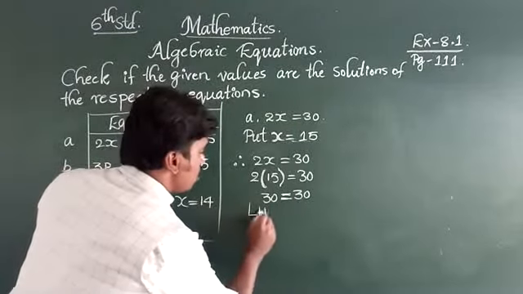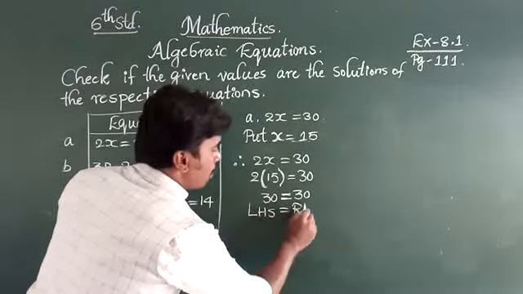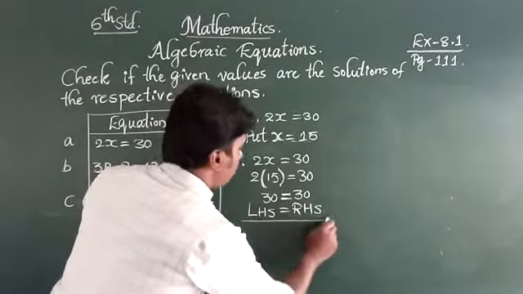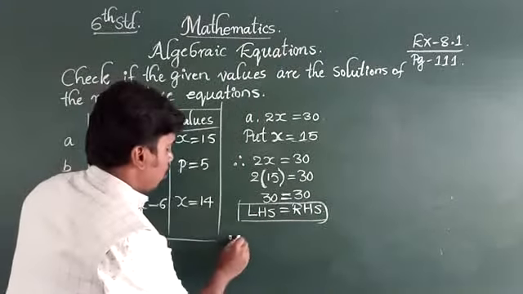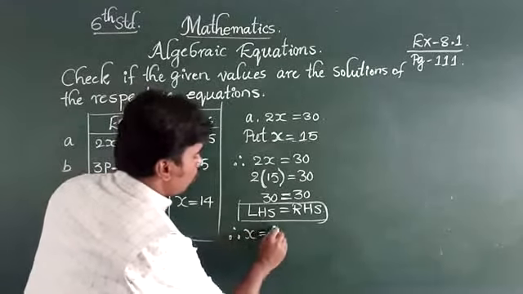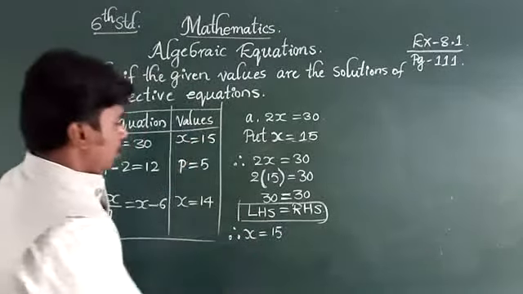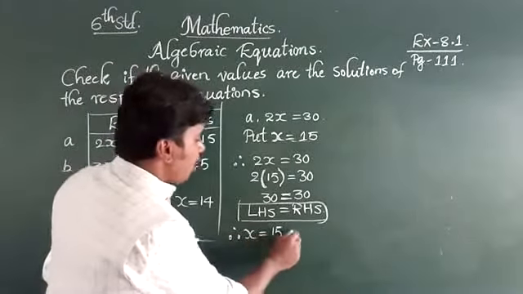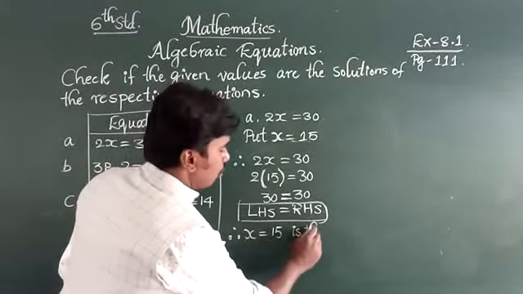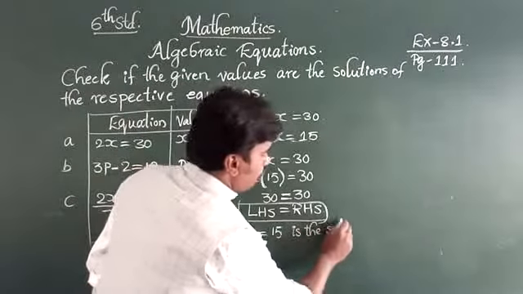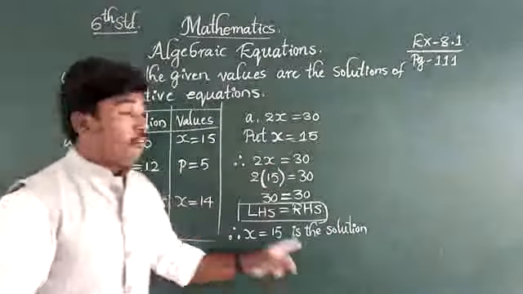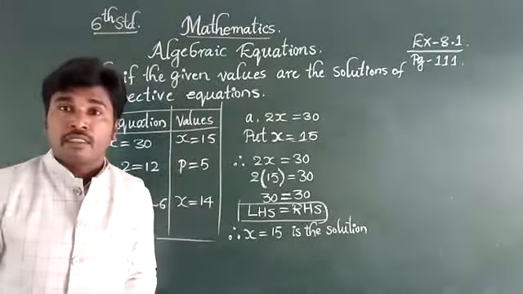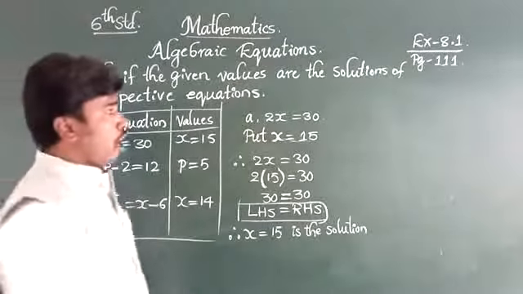So LHS is equal to RHS. Therefore x is equal to 15 is the solution for this equation. I hope you have understood.